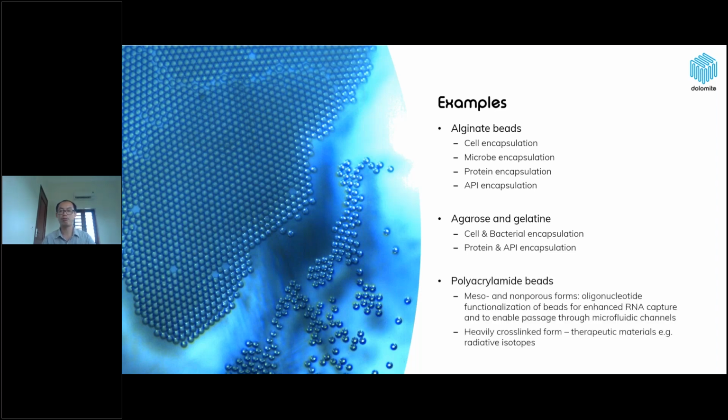Or we can make polyacrylamide beads, with a measurable and non-porous form with oligonucleotide functionalization, for enhanced ionization capture and to enable passage through the microfluidic channels, and heavy cross-linked forms that will be applied for therapeutic material, for example, radioactive isotope.